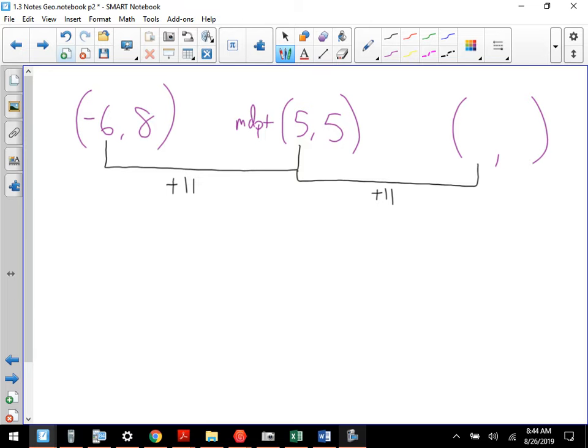Once you start seeing it, if I write it out with that plus value, some people are starting to see it a little bit cleaner. Just think, are you going up or are you going down? Now from 8 to 5, do you go up or down? Down. How many? 3. So you went down 3 to get to the 5, which means I have to go down 3 again, and that's where you get your 2.